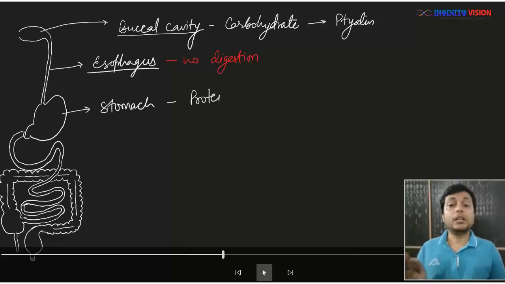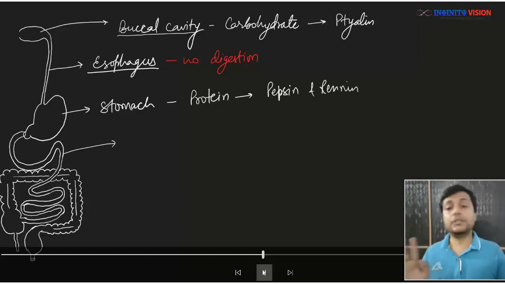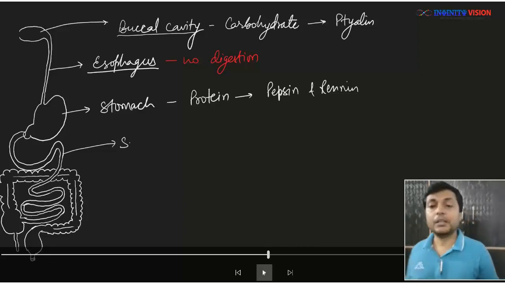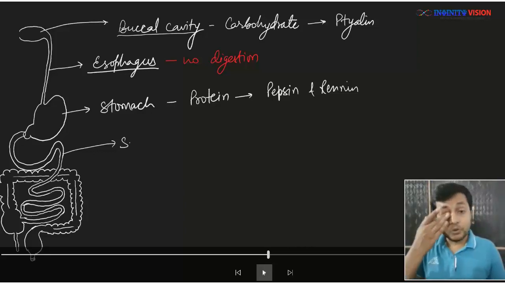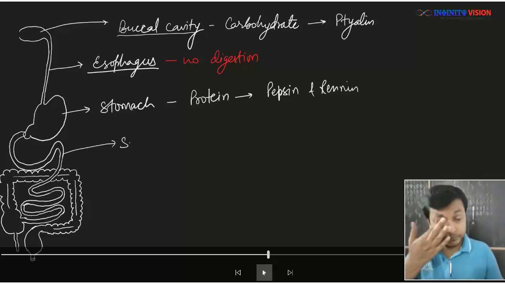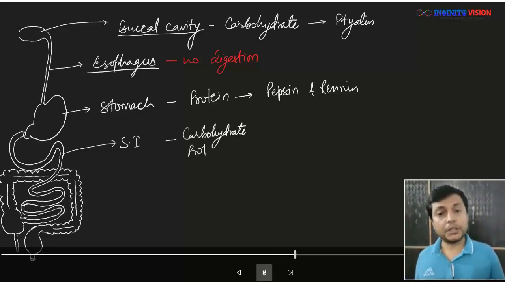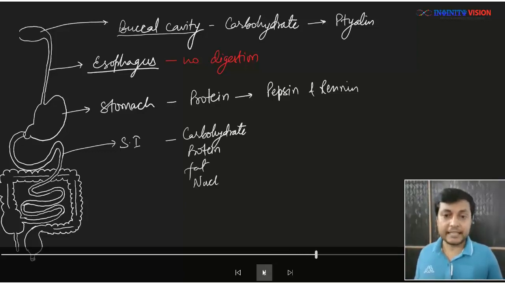Now food comes to the stomach. In the stomach, only proteins are digested with the help of pepsin and renin enzymes, which are secreted by the gastric glands, which are part of gastric juice. Now, once the food reaches the small intestine, carbohydrates, proteins, fats, nucleic acids, every component of food is digested.